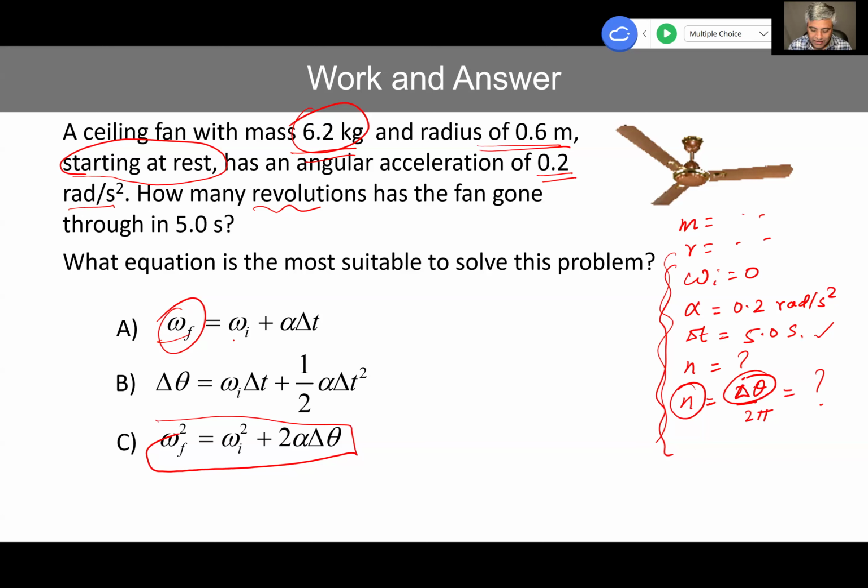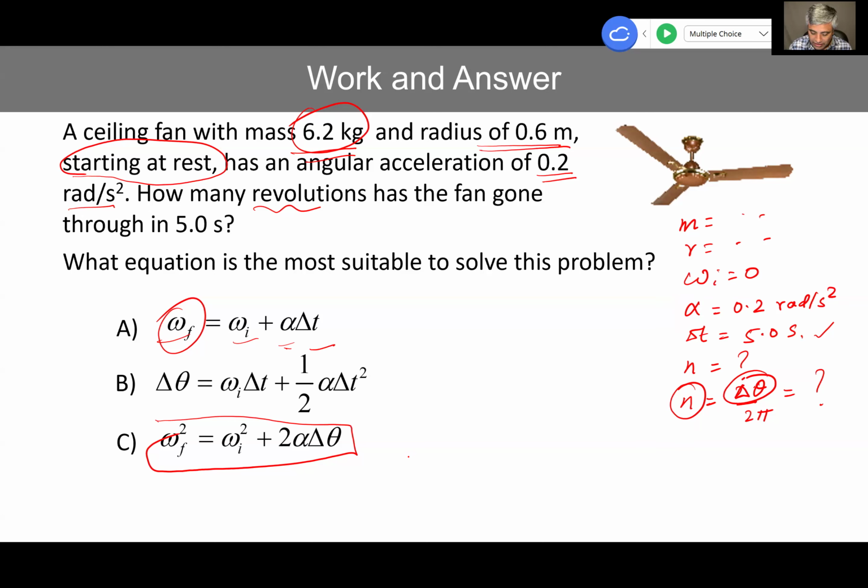So final velocity is initial velocity plus acceleration times time interval. That's the general way of reading any kinematic equation. They are very similar, and the method of solving them is also similar. That's why I brought this example.